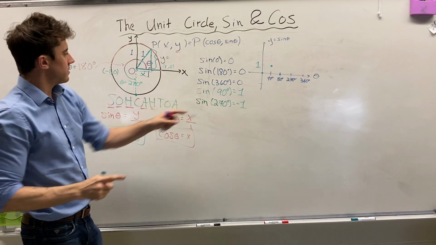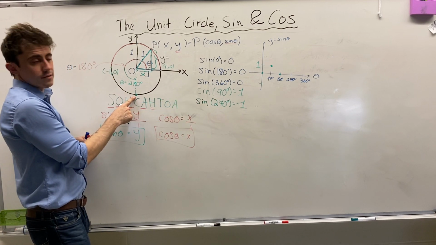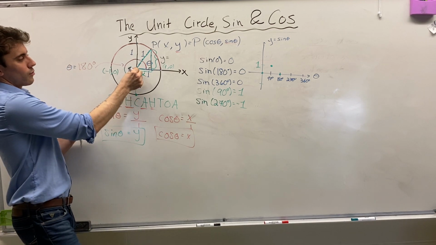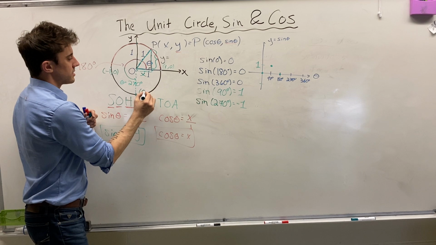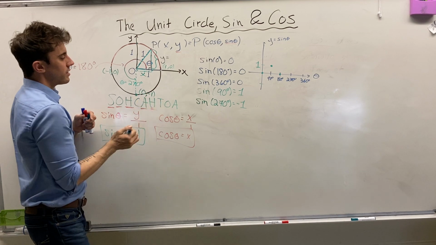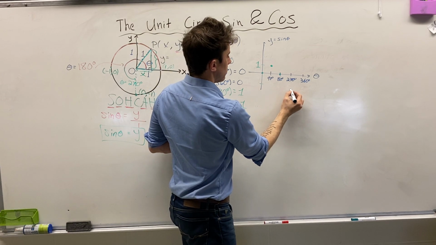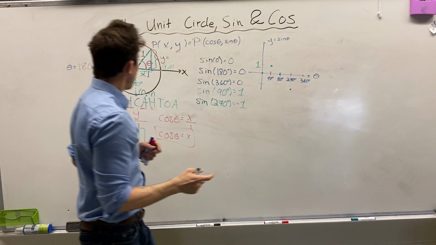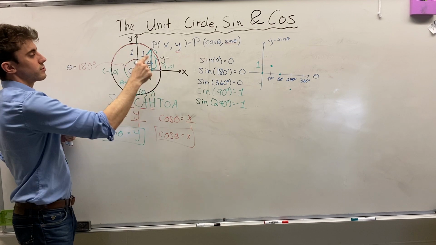At 270, we're down here at the very bottom of our unit circle. And so that's a y-coordinate of -1, right? The coordinates at this point would be 0, -1, and so -1 being sine theta means that we have a point down here. And then finally, at 360 degrees, that's an entire circle's worth of rotation.